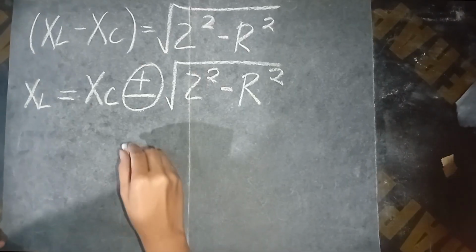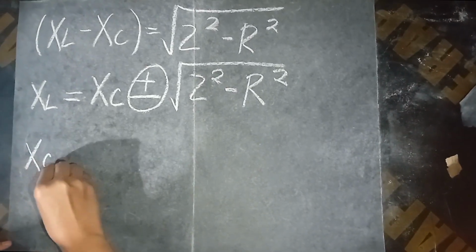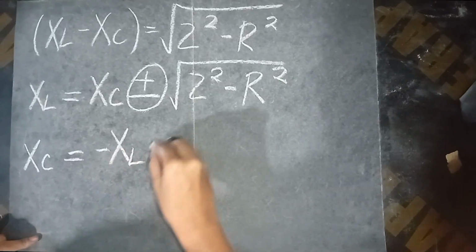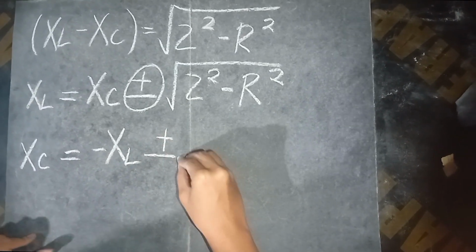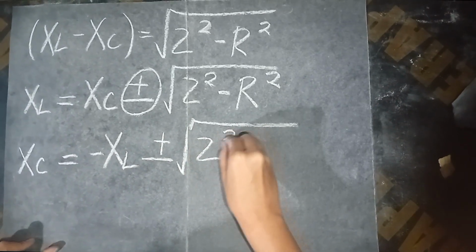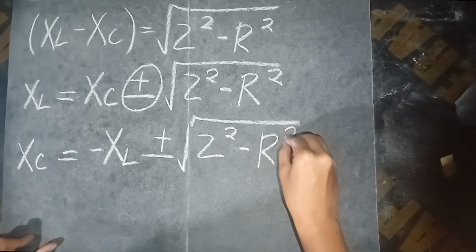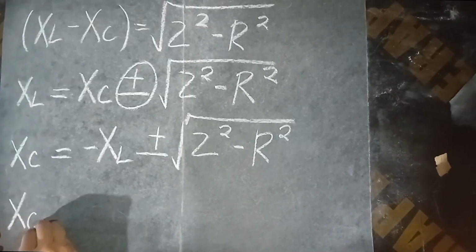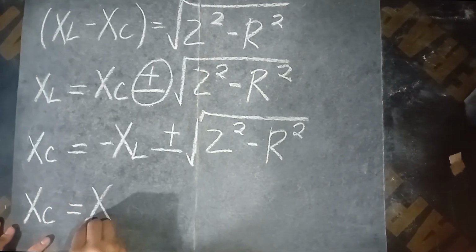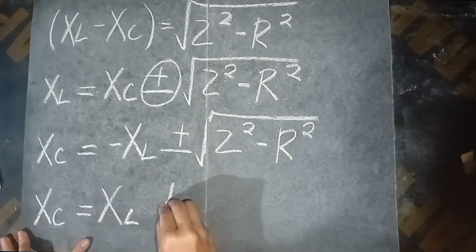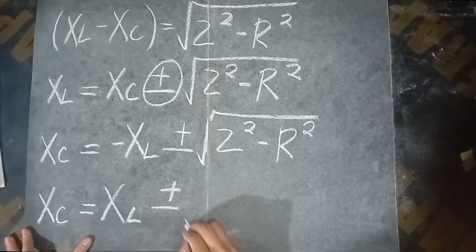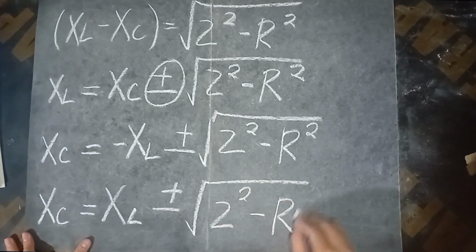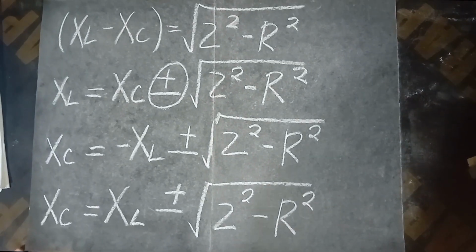And if si capacitive reactance na ang atong pangitaon, so capacitive reactance is equals negative XL, positive or negative sign, square root of Z squared minus R squared. And also, it is equal to XC is equals XL, positive or negative sign, the square root of Z squared minus R squared.